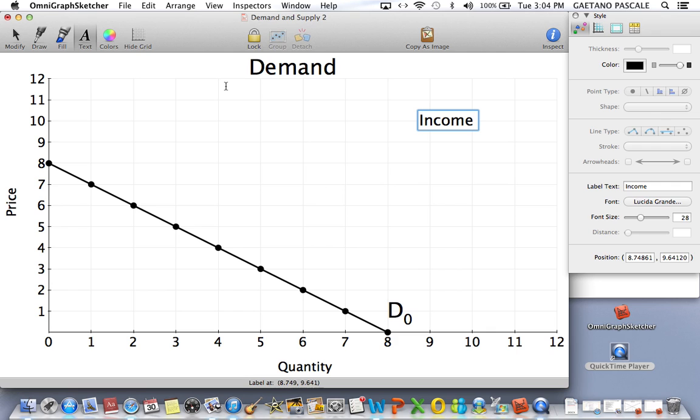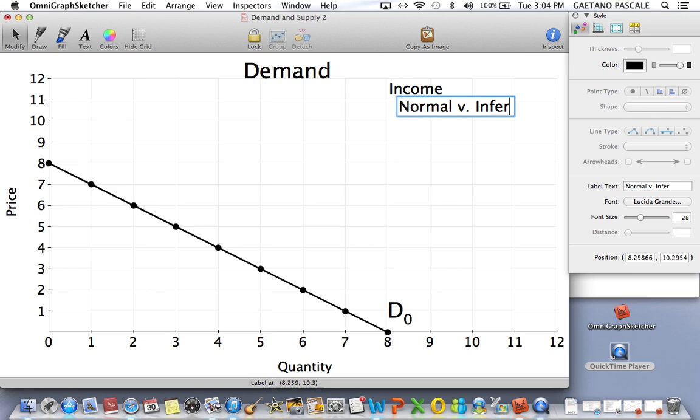The change in demand is going to be dependent upon what type of good I'm referencing. So for income, if I ask you about income, I should also give you information about whether we have a normal versus an inferior good. If there's a question about a change in income, it should also tell you whether it's a normal versus an inferior good.